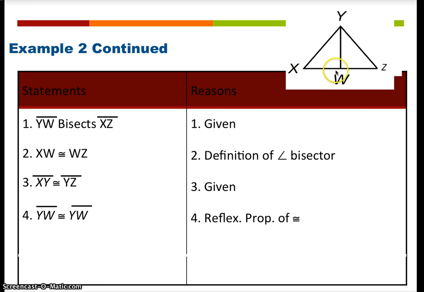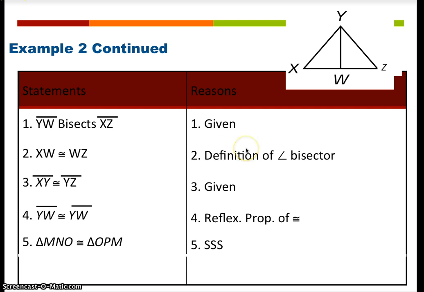So we have now said that this side was congruent by bisector, this side was congruent by given, and the side in the middle is reflexive, so that's all three sides. These triangles are congruent because of side, side, side.